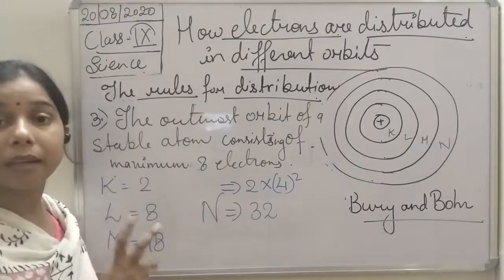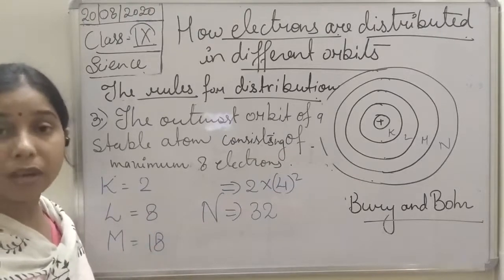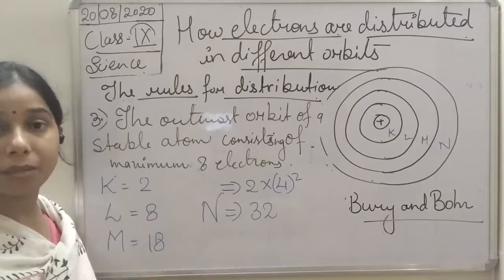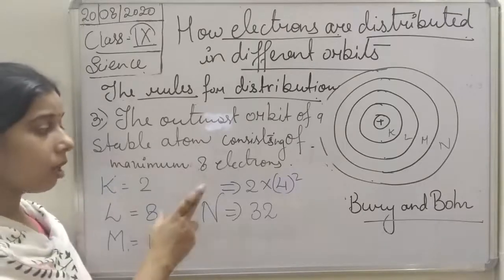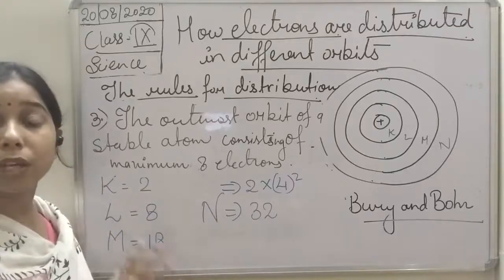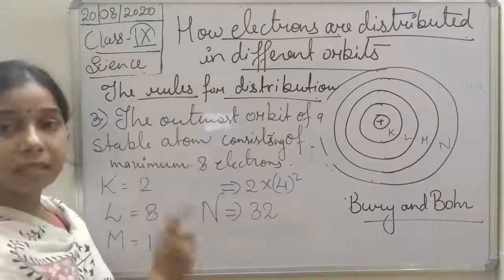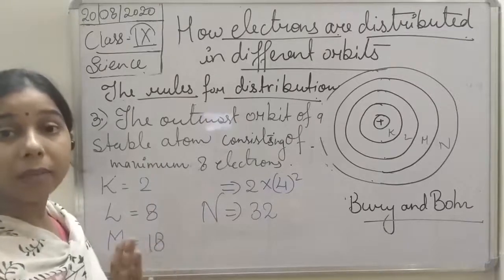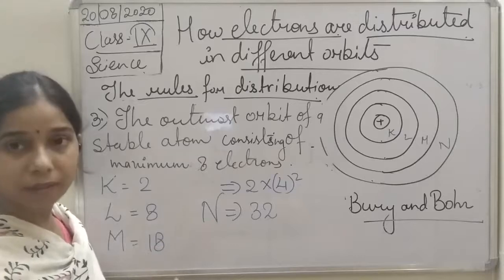So the maximum it can accommodate, if a stable atom is there, is 8 electrons in the outermost shell, even though the formula is showing that it can accommodate more than that.